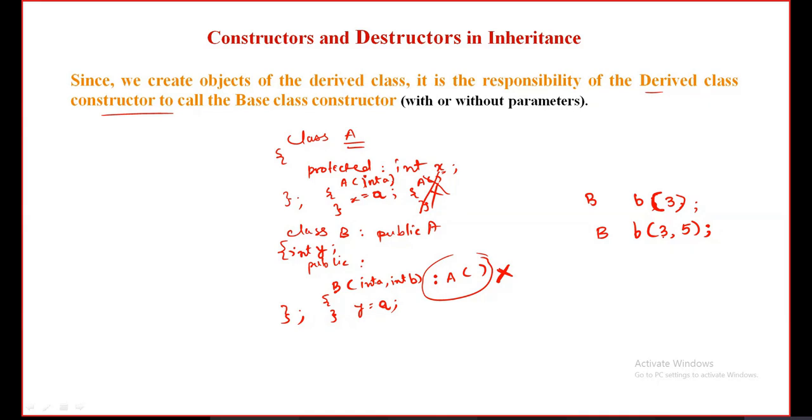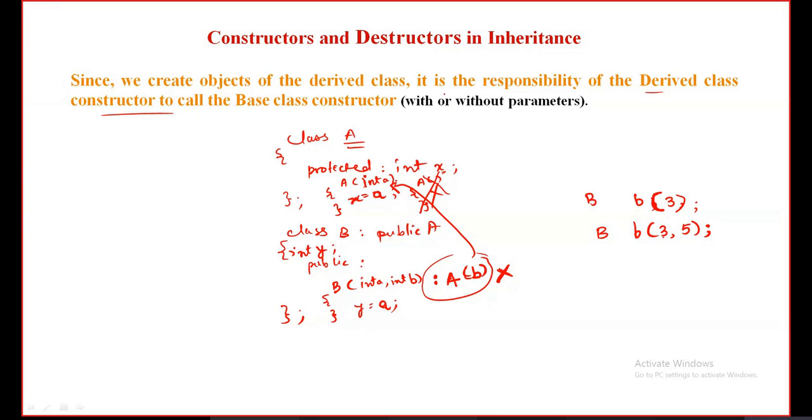A I have utilized for initializing y. What about B? Now I have to again mention a colon, mention A, and then pass B as the parameter to the parameterized constructor of my base class A. So this constructor would get called, and then x will be initialized with whatever is being passed to this constructor.